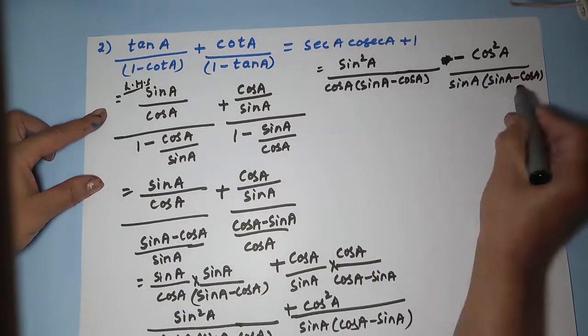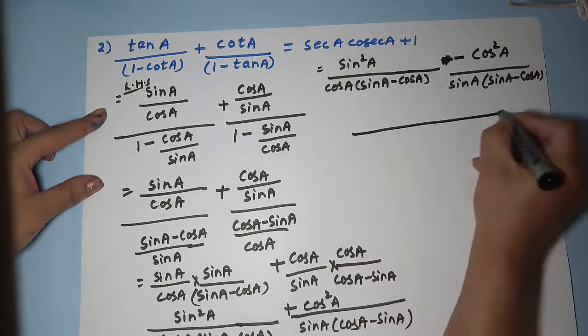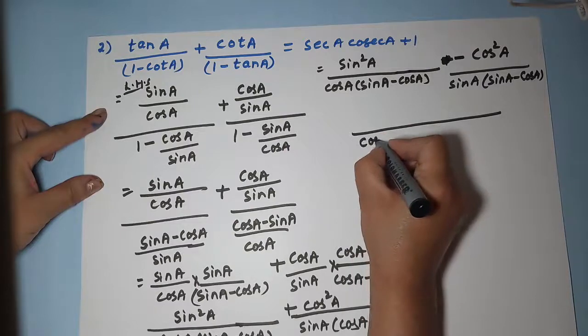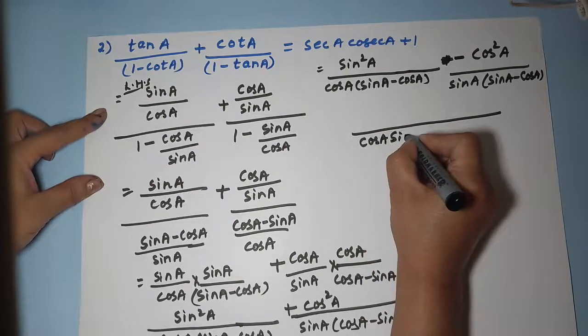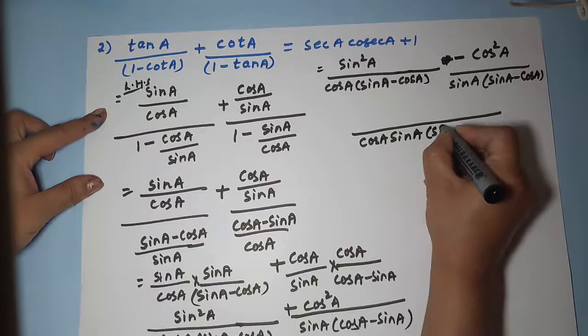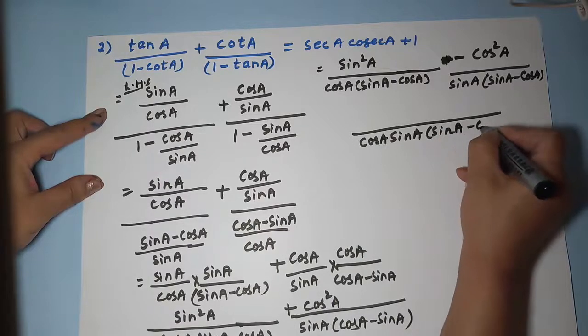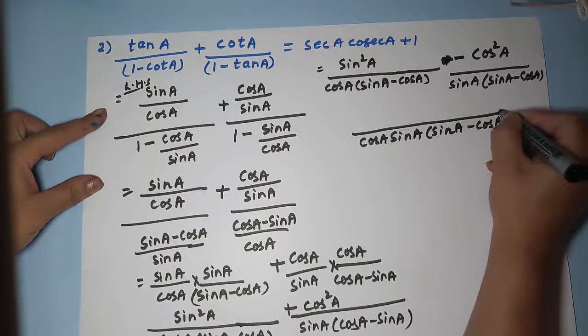So that I can take sin A minus cos A as LCM. Now what will be my LCM? Cos A, sin A and sin A minus cos A. So what will I get here?